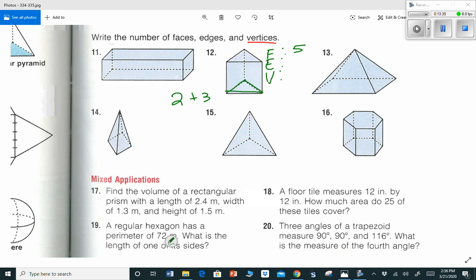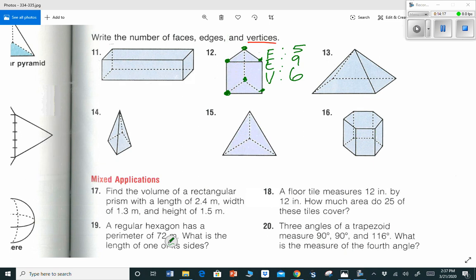We've got 3 for the base here, 3 for the base here, and 3 joining the 2 bases makes 9. Okay, then the vertices are where 3 or more faces come together, and they're the sharp points. We've got 3 on the top and 3 on the bottom, makes 6. So 5, 9, and 6.